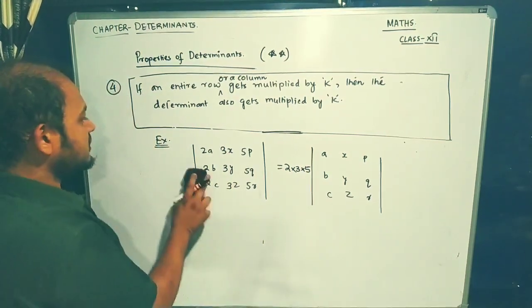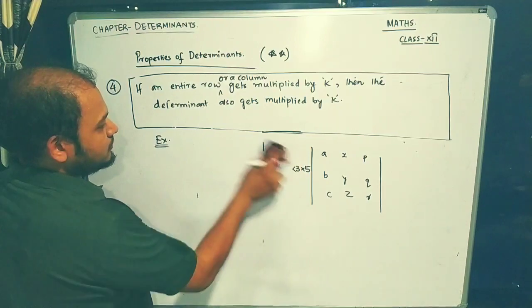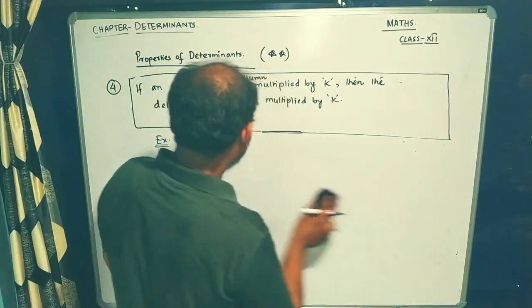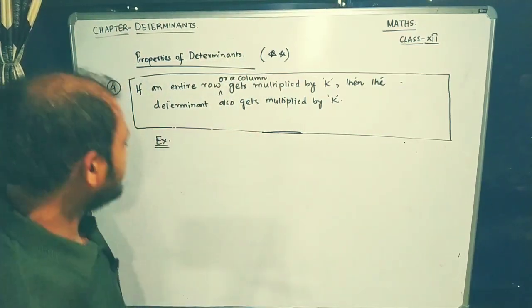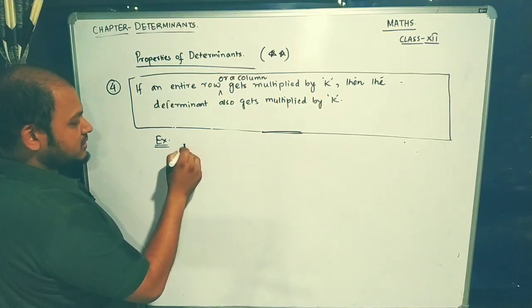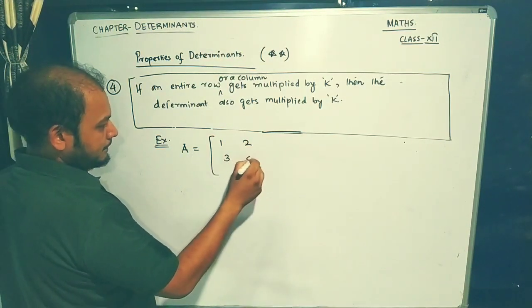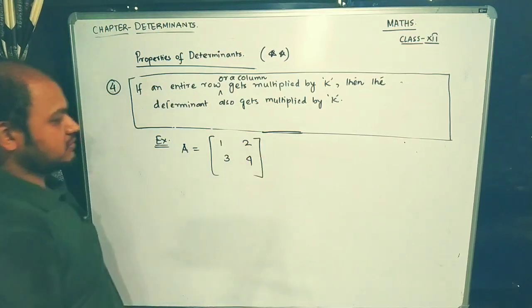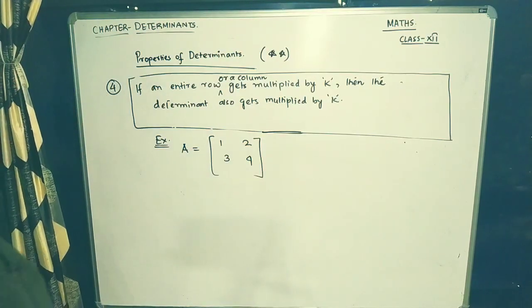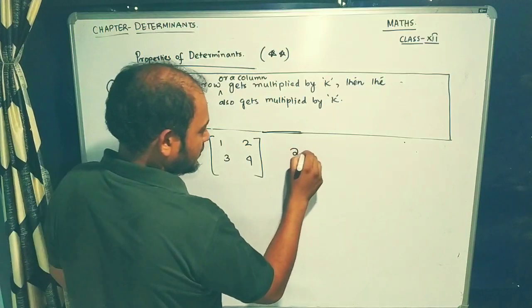Now here is a very interesting case that I want to tell you, and keep this case in your mind. Let us say we have a matrix A equal to 1, 2, 3, 4. What is 2 times A?